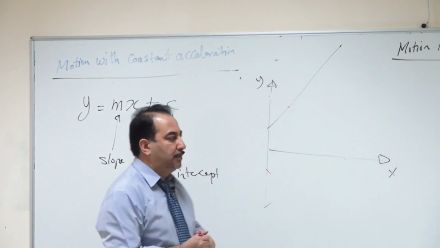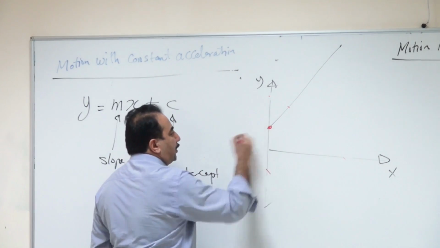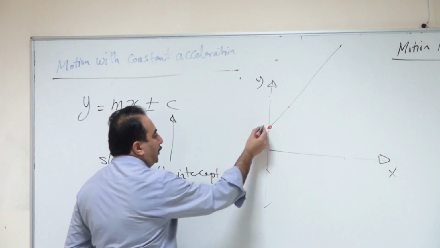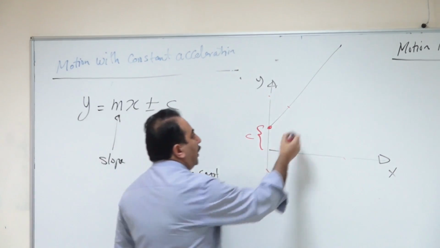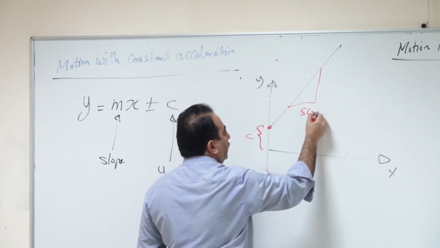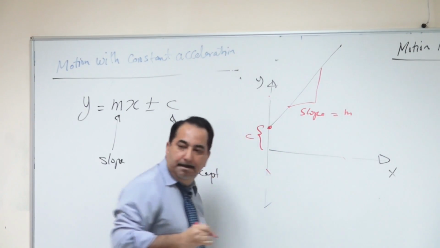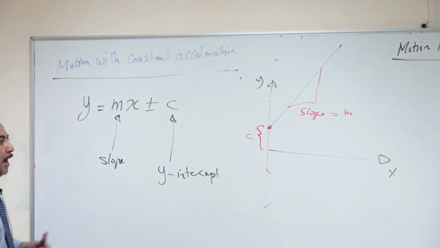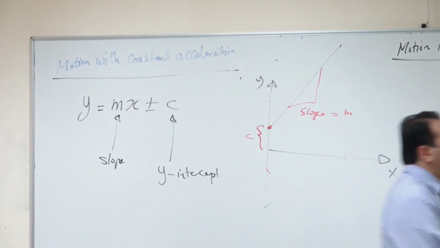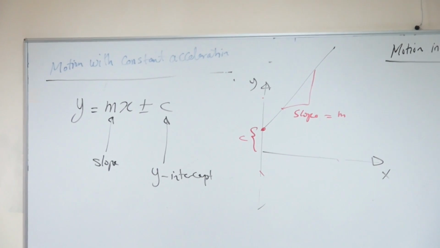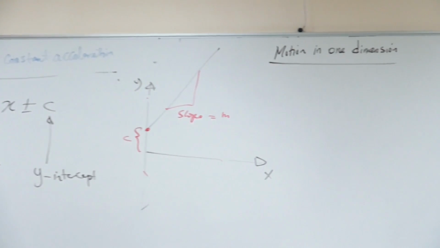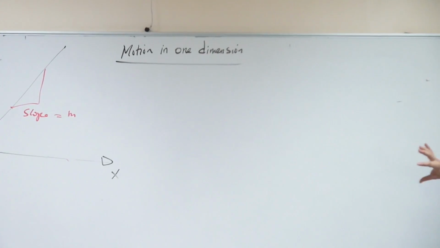This is a linear function. What does this point represent? The c. And the slope? m. Okay? Now, physics. You said this is linear. Now we have to compare this one to the standard. So I'll write it underneath.